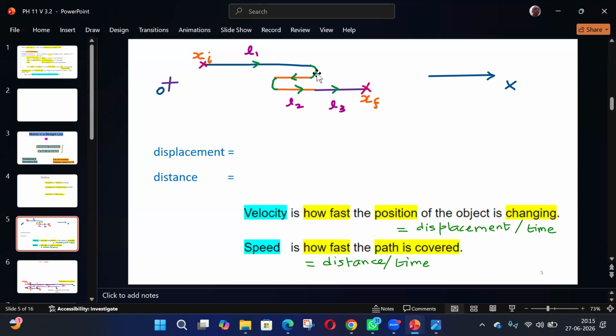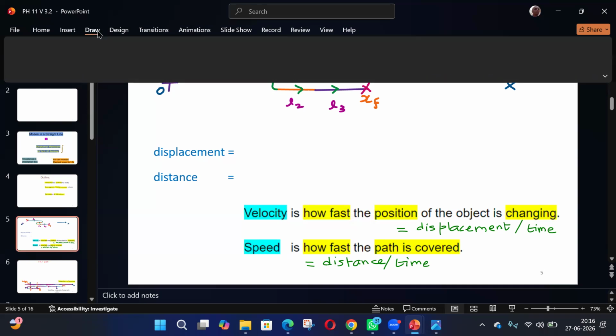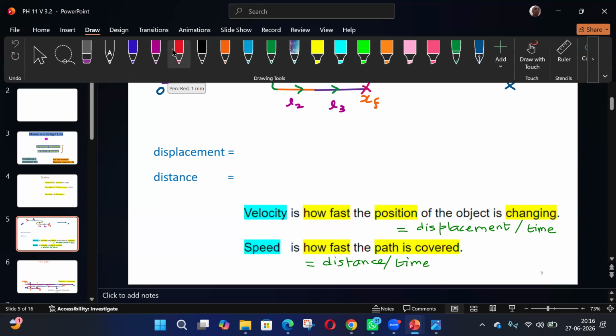And from this first turning point to the second turning point, the distance is L2. And from this point to the final point, the distance is L3. So how much is the displacement from this initial point to the final point? Give me the answer.